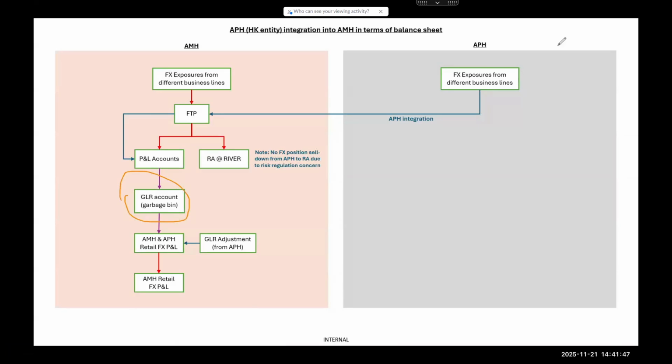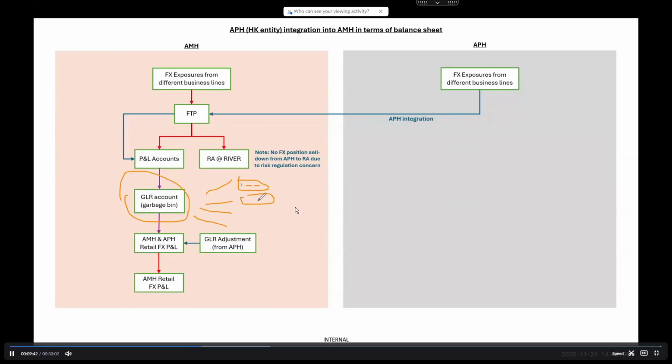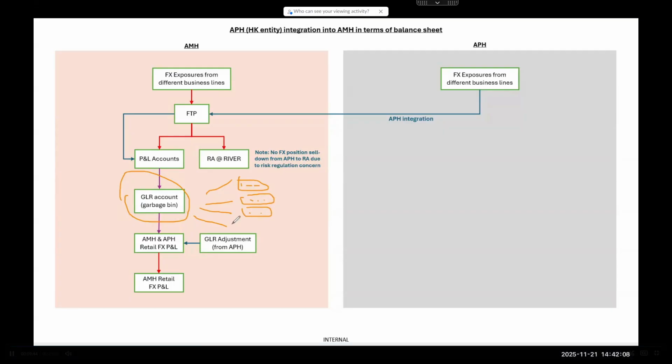But unfortunately, because it is not separately represented in another P&L account, we have to manually dig out the component of the APH integration, what is the proportion that APH has exposures.